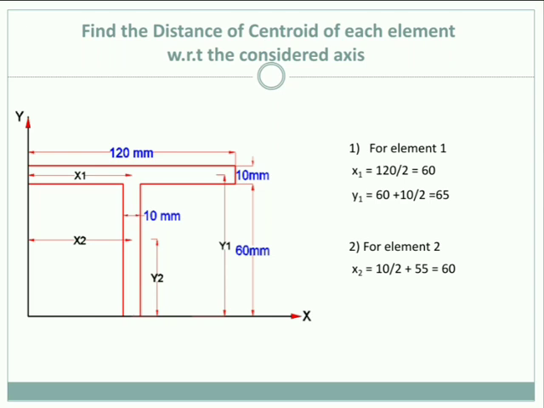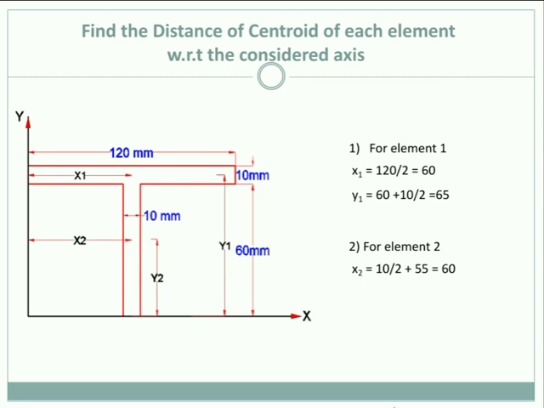From 120, if we subtract the thickness of the web, that is 10, the remaining is 110. So one side is 55, the other side is 55. So here we get x2 as 10 by 2 plus 55. Need not worry, as it is a symmetrical figure, you will get 60 itself.